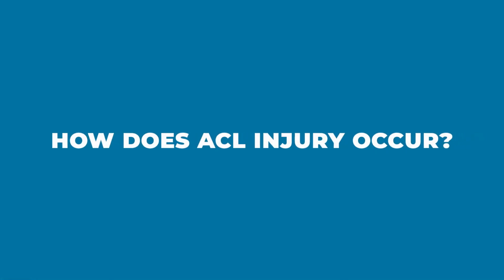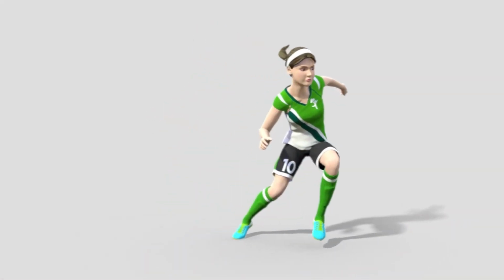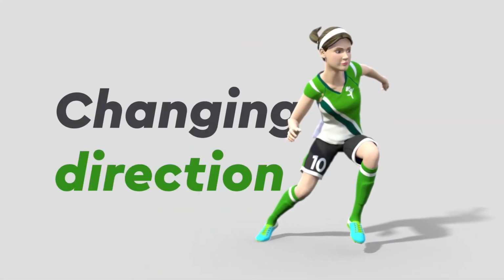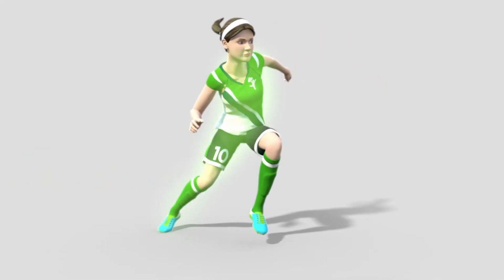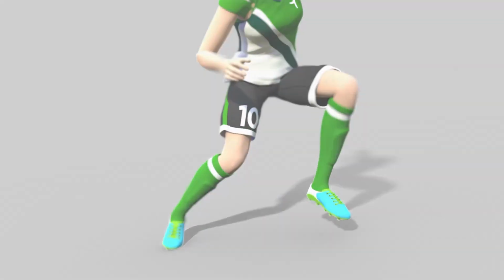So how is the anterior cruciate ligament injured? Whenever there is a sudden torsional force or a rotational force over the knee joint. For example, when a person is playing football or basketball, or he is running at a very fast pace and he suddenly changes direction, there is a rotational force of the femur over tibia.